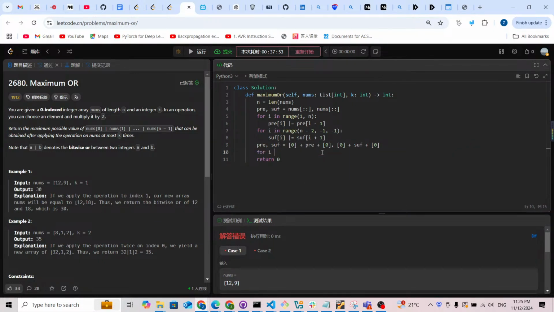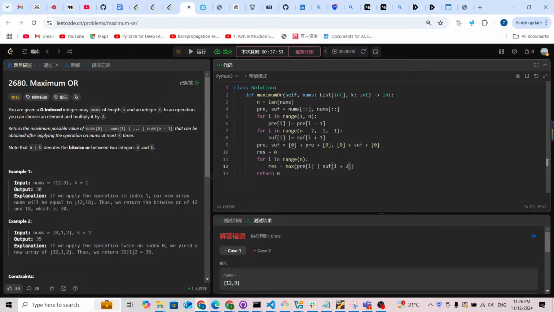Now let's just calculate the result. The result is going to be 0, for i in range n. The result is going to be the maximum of prefix i, XOR suffix i plus 2.